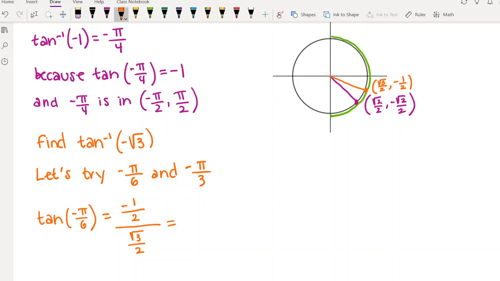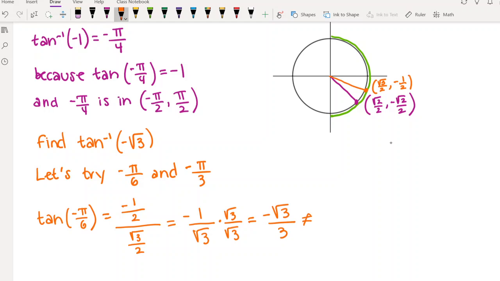A shortcut here is that when you're dividing and the two denominators are the same, they cancel each other out. So we can jump a step ahead and say that's negative 1 over root 3. And if we rationalize the denominator, we end up with negative root 3 over 3.